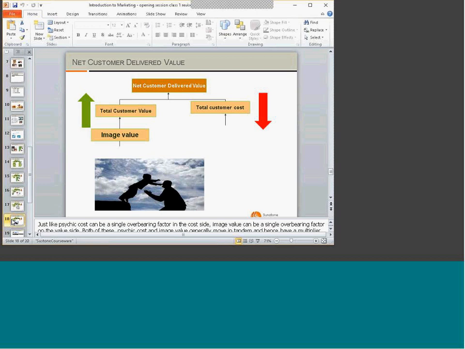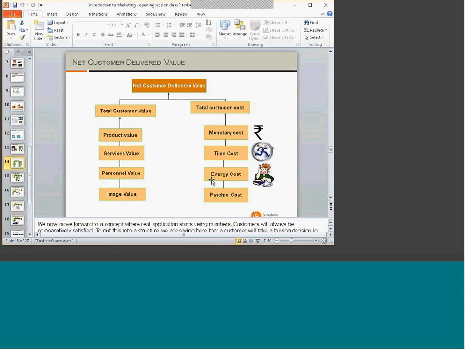This is why it is also very evident that however low you keep monetary costs, these two factors of image value and psychic cost in tandem become so high at times that any kind of monetary cost cannot offset that. They get built over time, and therefore psychic cost will reduce over time.